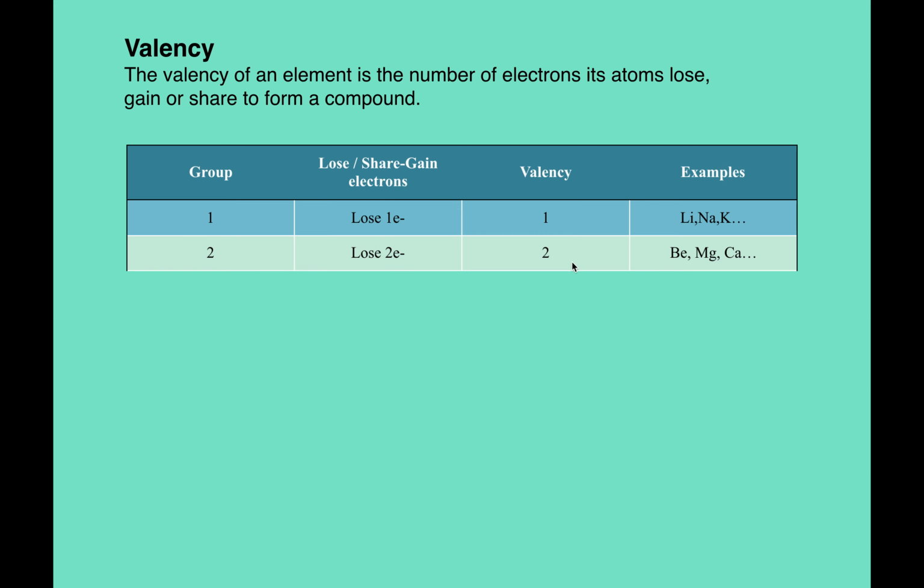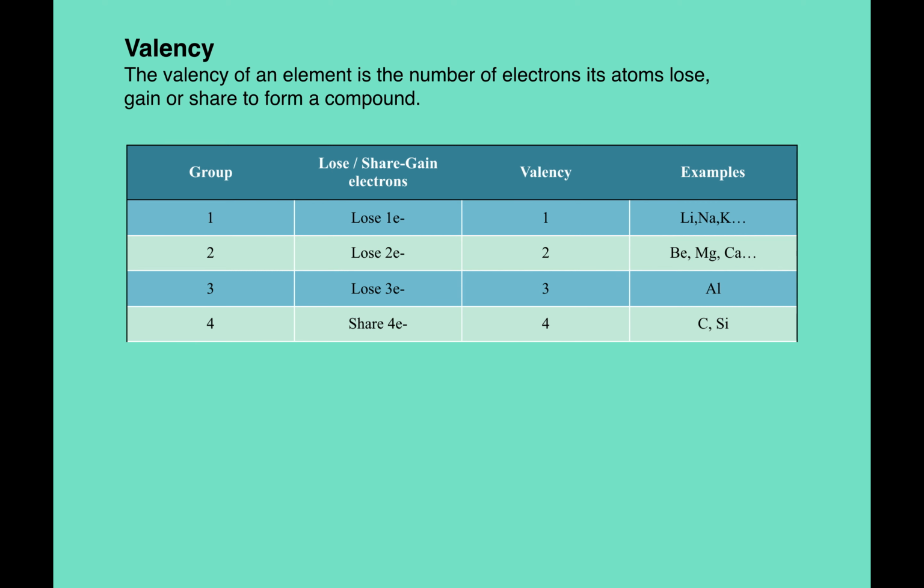Group 2, beryllium, magnesium, calcium, strontium, and barium. They lose 2 electrons. Their valency is 2. Group 3, they lose 3 electrons. They have a valency of 3, and the clear candidate there to always mention is aluminium. For group 4, obviously you've got carbon, silicon, germanium.